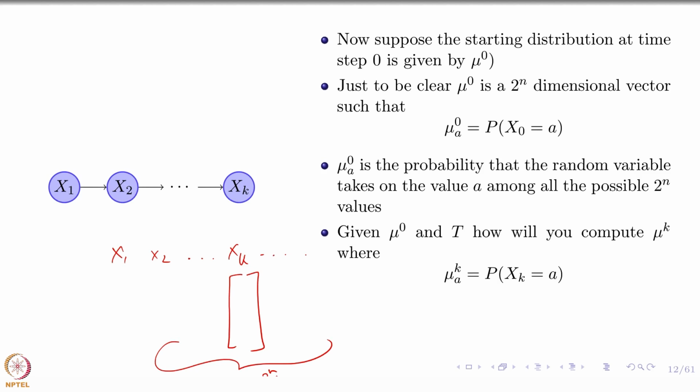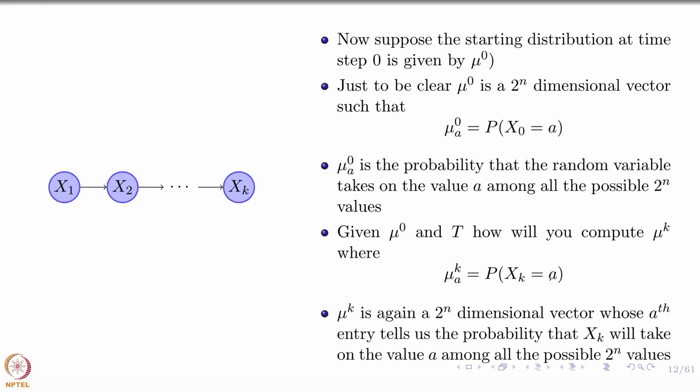What values can the random variable xk take with certain probabilities? In particular, the a-th entry of mu k tells me the probability that the random variable xk will take on the value a. Now what's the dimension of mu k? L. So it's 2 raised to n, and whose a-th entry tells us the probability that I just defined.